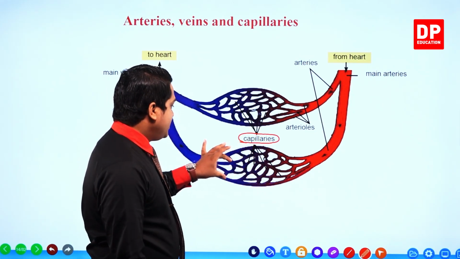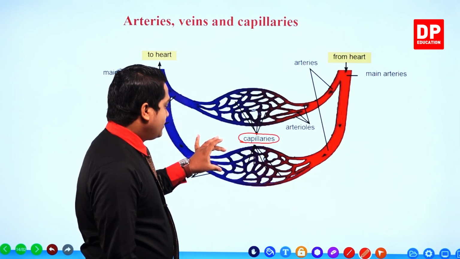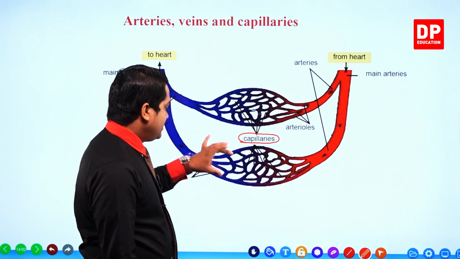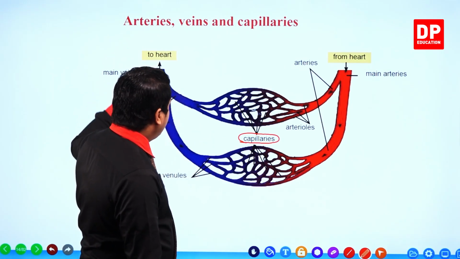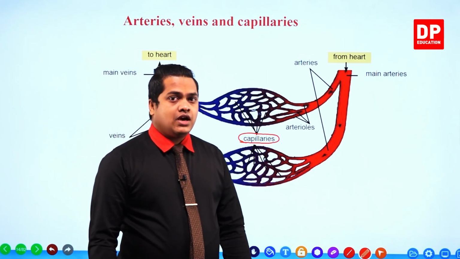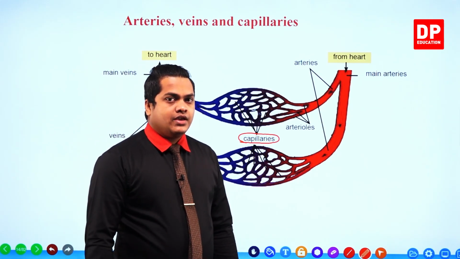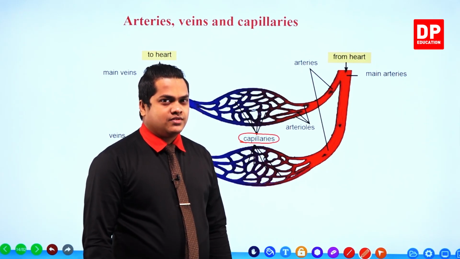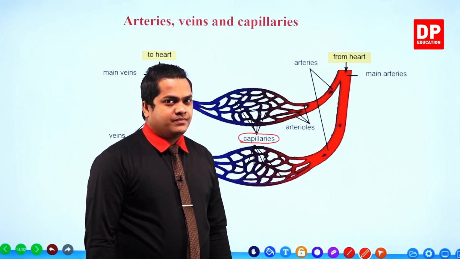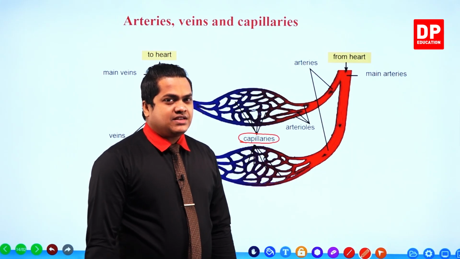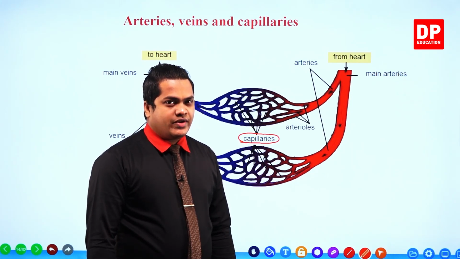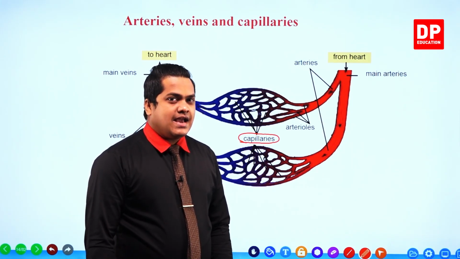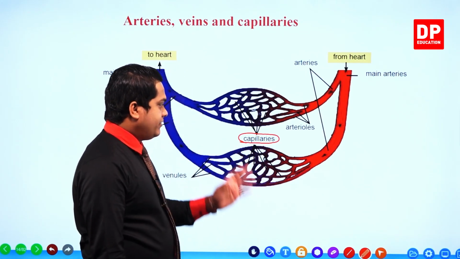This deoxygenated blood is transported to veins through these venules and distributed back towards the heart by the veins. So this is how the simple transportation process works. It's very simple. These are the ones referred to as arteries, veins, and, my dear children, capillaries.